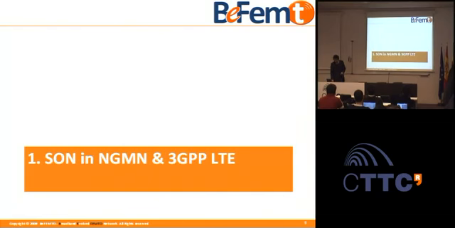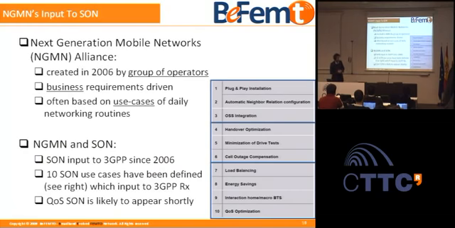So where it all came from, really, it all started about 7 years ago. In 2006, an alliance was formed, NGMN, the Next Generation Mobile Networks Alliance. It's an alliance formed by operators. Operators are those who essentially own the whole value chain of deploying, exactly the graph I'd shown you before.